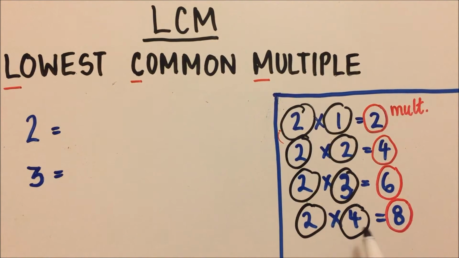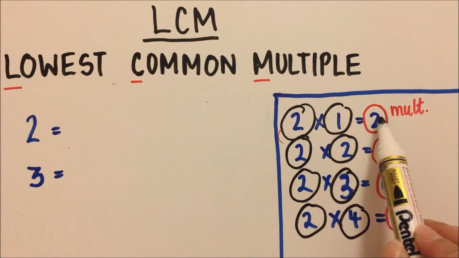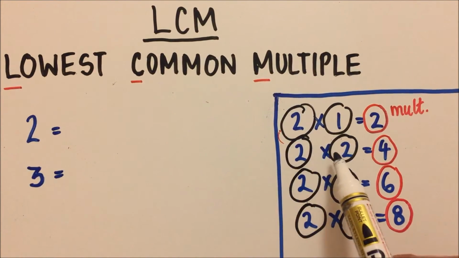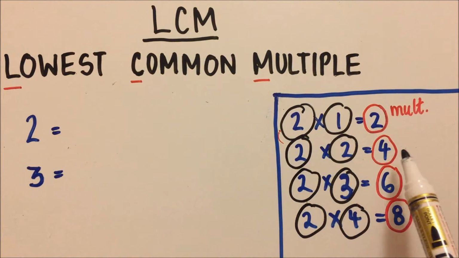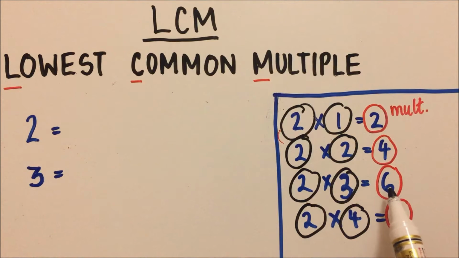But they are factors of the multiples. So 2 and 1 in this case is the factor of 2. 2 is a factor of 4, 2 and 3 are factors of 6, 2 and 4 are factors of 8.